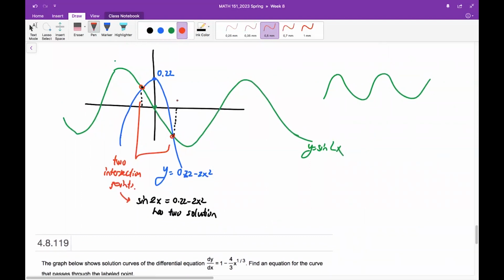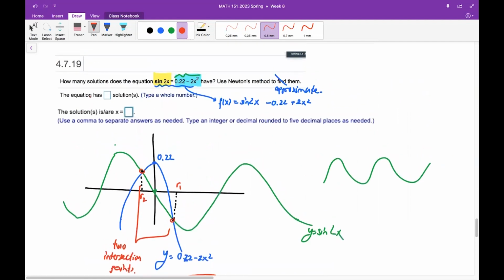Let's call them R1 and R2, root 1 and root 2. Okay, so we proved that there are exactly two solutions of this equation. Geometrically, we proved that there are two solutions. So that's why I can write 2 here after this geometric solution.